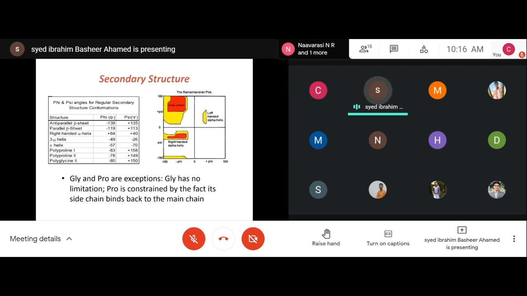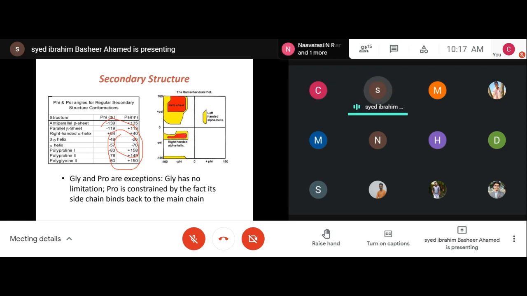For parallel beta sheet, it's around minus 120 and plus 113. The right-handed alpha helix comes around plus 64 and plus 40. And then there is the 310 helix, and then the pi helix. So different secondary structures have different phi and psi values.